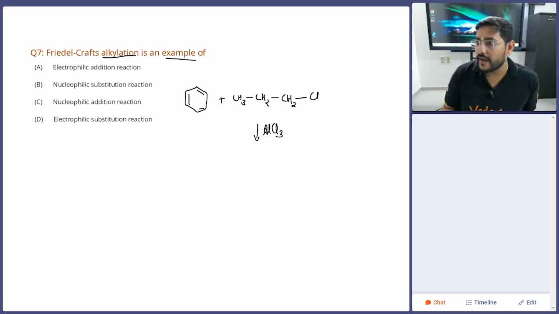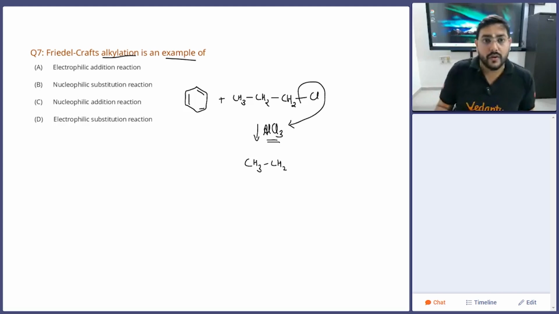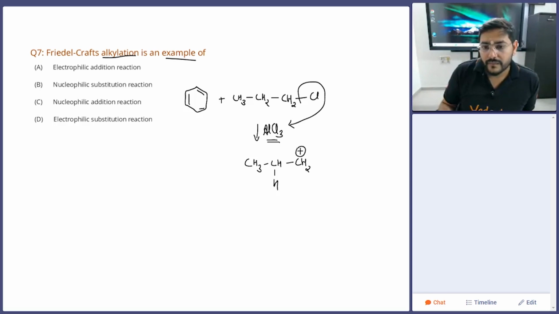First of all, AlCl3 is working as a Lewis acid. This Lewis acid is going to accept the electron density, and we are going to get a carbocation. Now that carbocation is not stable, so a 1,2 hydride shift is going to take place. After the 1,2 hydride shift, what will happen?